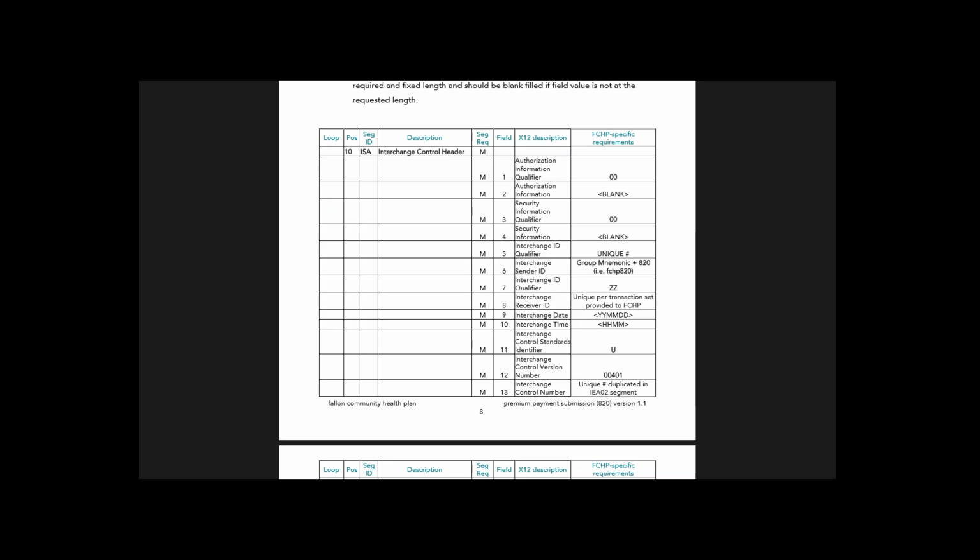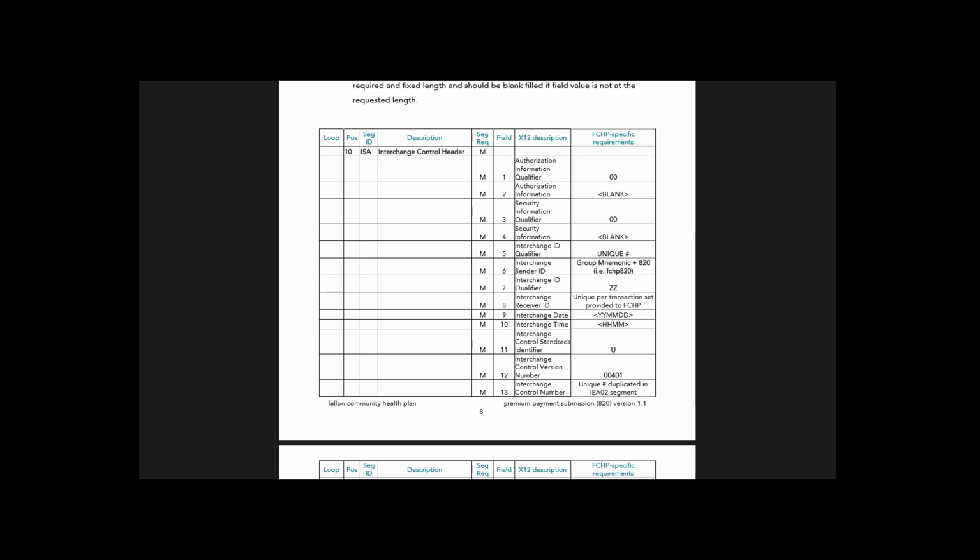No, I'll help you understand. Let's imagine, we are just making an assumption here because we don't have the right numbers. Let's say there are 500 fields in the implementation guide of 837. Out of 500 fields, 400 fields are required fields. We cannot play around with the required fields.